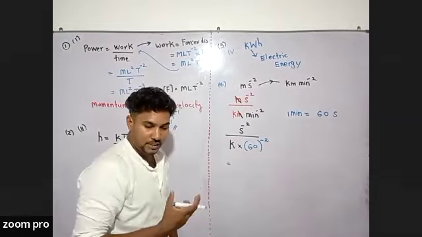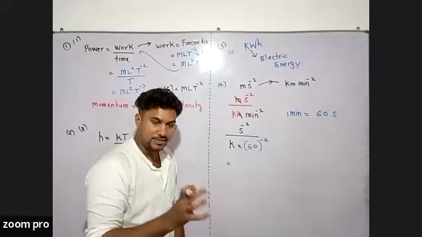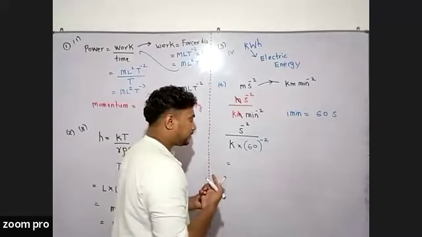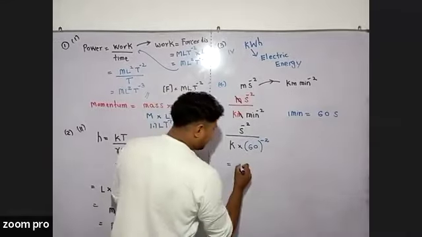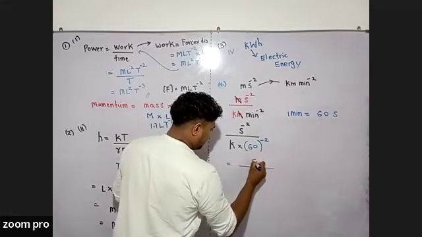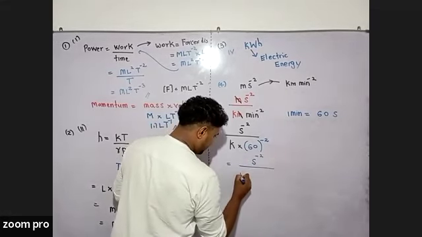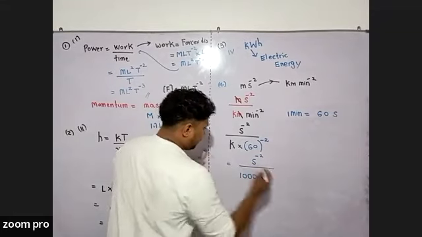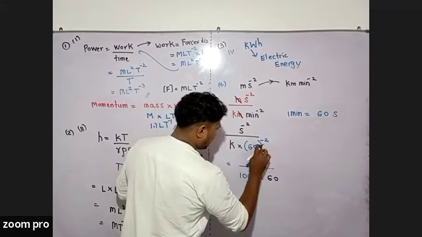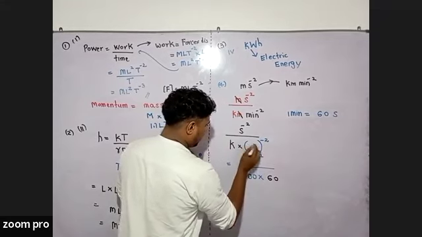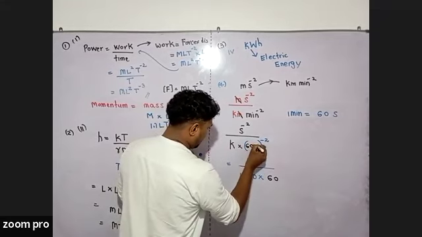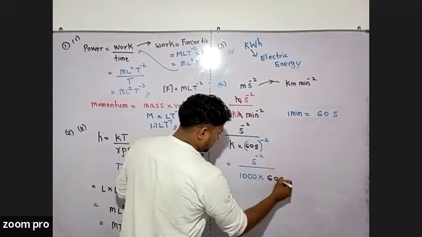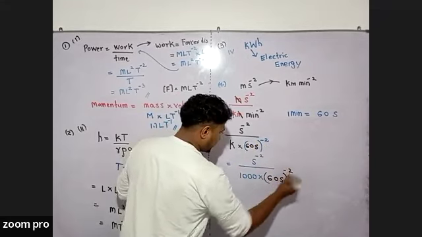Kilo means a multiple unit which represents 10 to the power 3, right? So then it should be 1000, and we have 60 into s to the power minus 2, right?